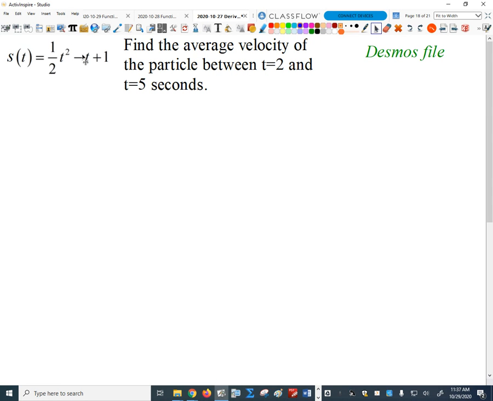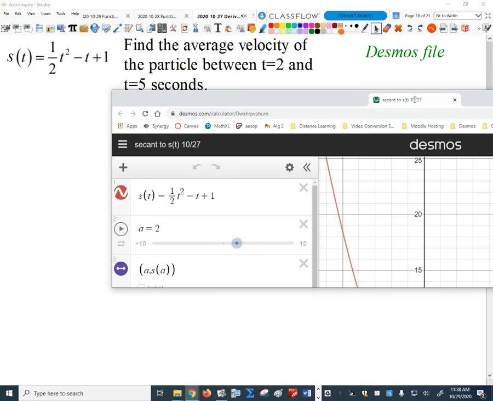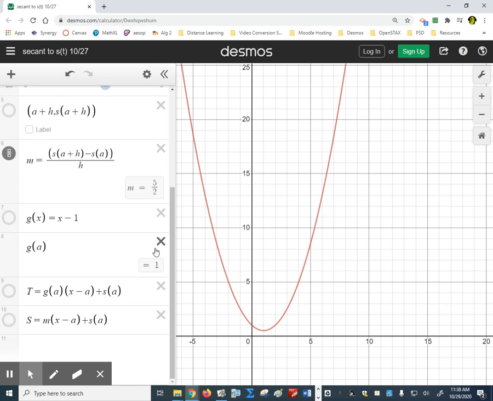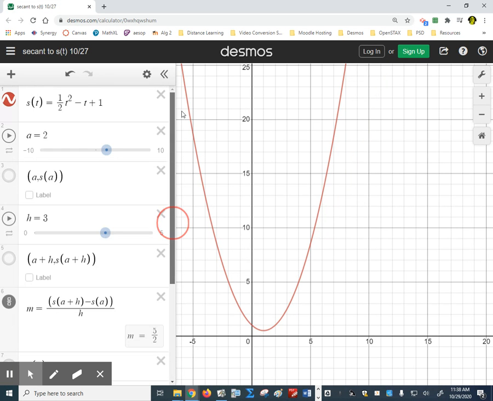So this is my position function now. This is how far it's moved in a line as a function of time. So there's my position function. S is on the vertical axis and t is on the horizontal axis, right?